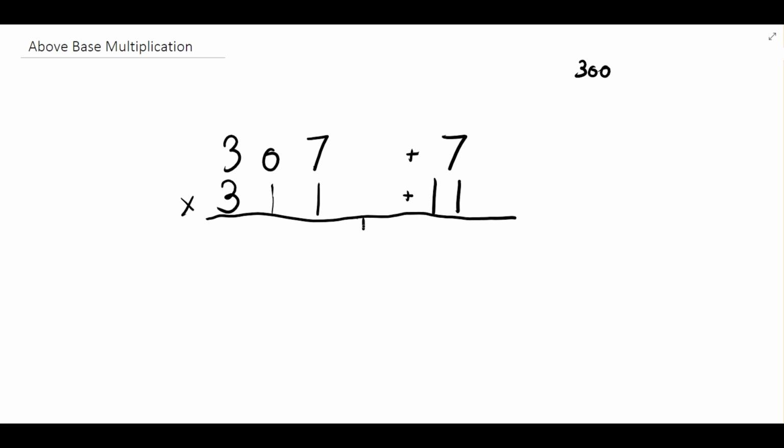Great. Now, the first few steps are the same. Add crosswise. So 307 plus 11, that would give 318. And the right part of the answer, you have 7 into 11, that is 77.